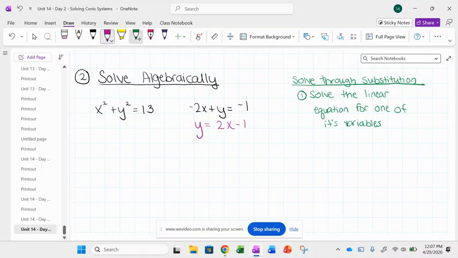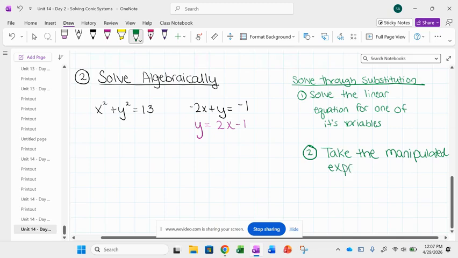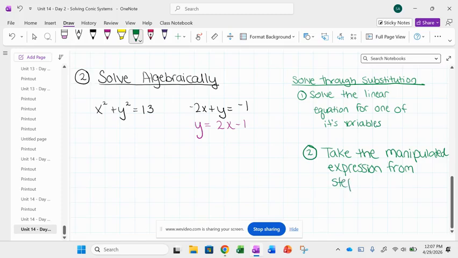Our next step is going to be: take the manipulated expression from step 1 and substitute it into the other equation.